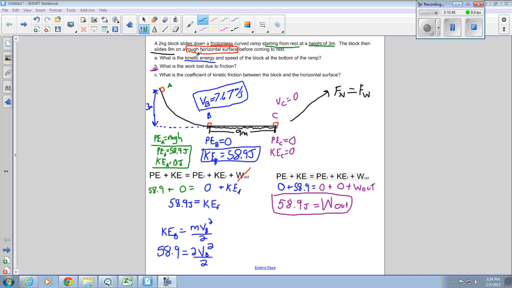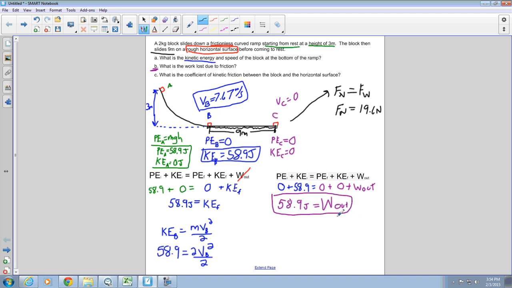And the force weight, we know 2 kilograms is the mass of the object, so mg, 2 times 9.81. So I know force normal is equal to 19.6. And we're going to need force normal in order to figure out the coefficient because of that formula. Force friction equals coefficient of friction times force normal.